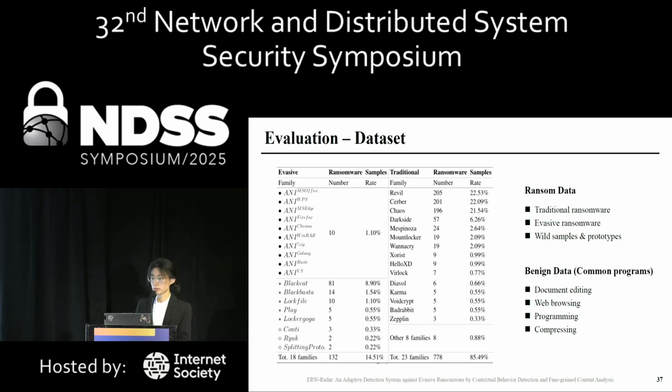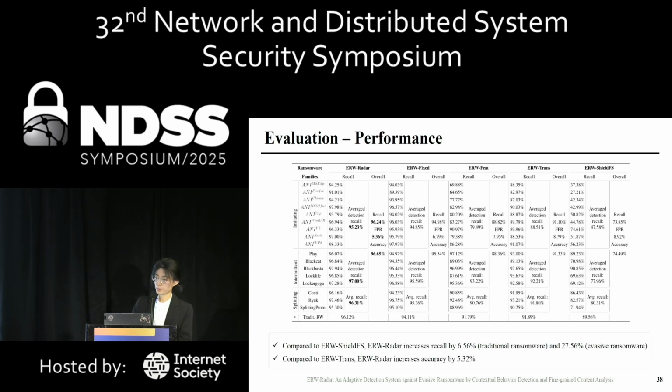Finally, we discuss the evaluation of ERW-Radar's performance. Our dataset contains ransomware I/O behaviors and benign I/O behaviors. Compared to ShieldFS, a representative solution against evasive ransomware, ERW-Radar increases recall by 6 points to 27 points on ransomware detection.